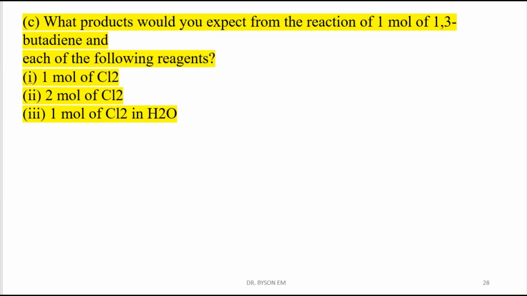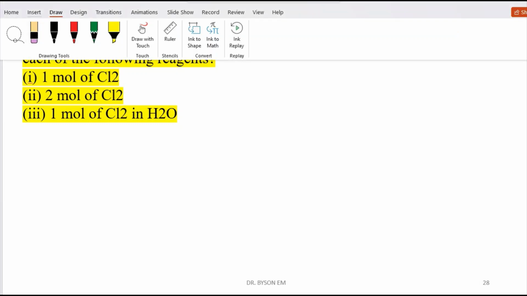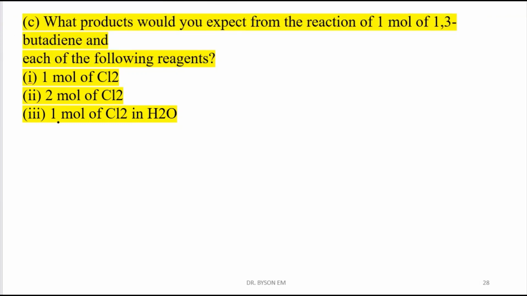So C says, what product would you expect from the reaction of 1 mole of 1,3 butadiene? So same 1,3 butadiene with 1 mole of chlorine. So this one would either give you a 1,2 addition, or a 1,4 addition.